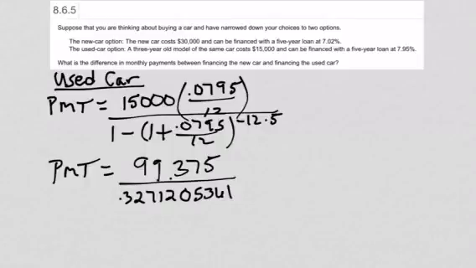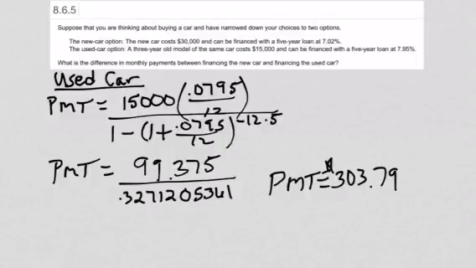Again, I don't want to round yet. And so now we're going to divide those two to get the regular payment amount for the used car option, and we get $303.79. So that's my monthly payment amount for the used car option.